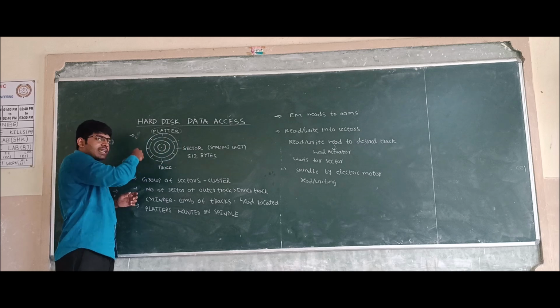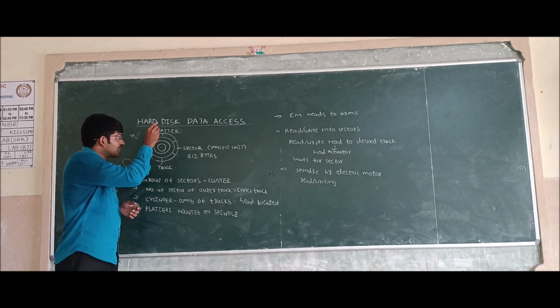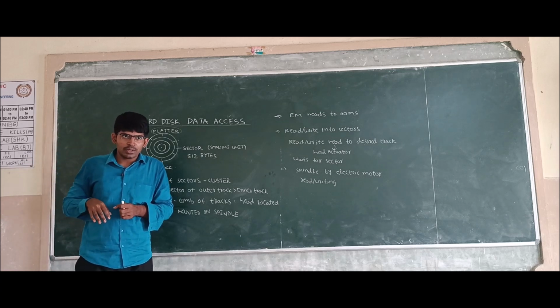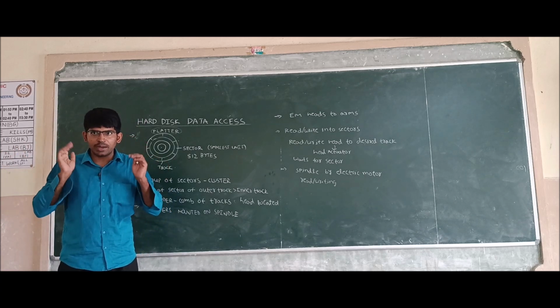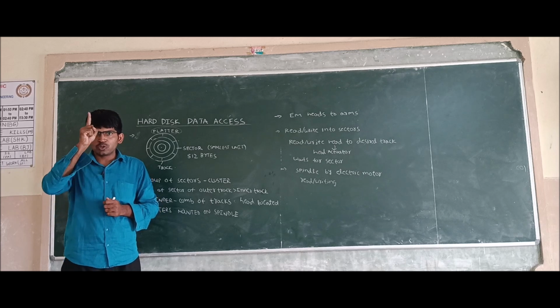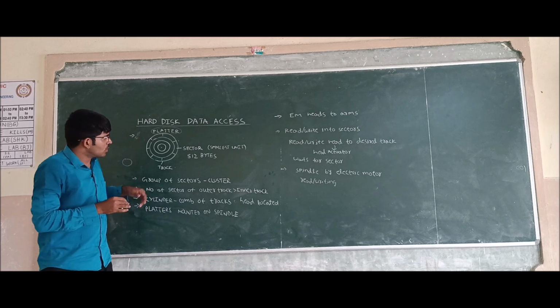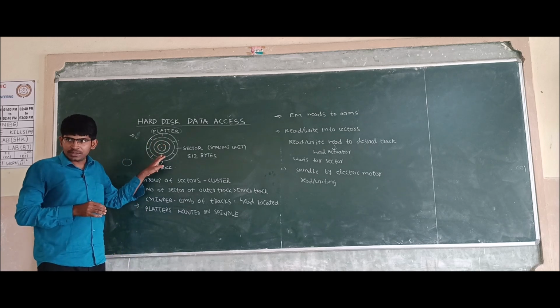So each circle on this platter is called a track. Like when we go to the ground, there are different tracks for the running competition. One has to run on his own track only, such that he will not collide with another person.